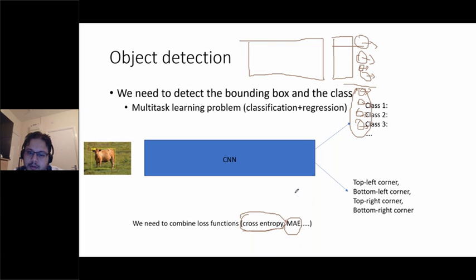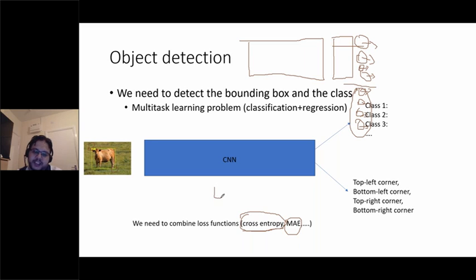So what you are suggesting is that in the last connected layer, we will apply a combination of loss functions. A loss function that is applied here, and a loss function that is applied here. So we will divide the output and apply different losses.